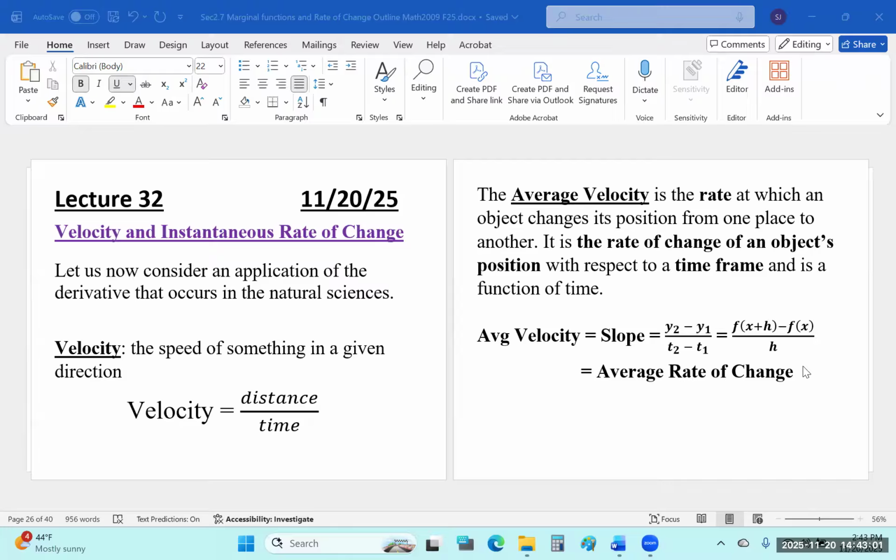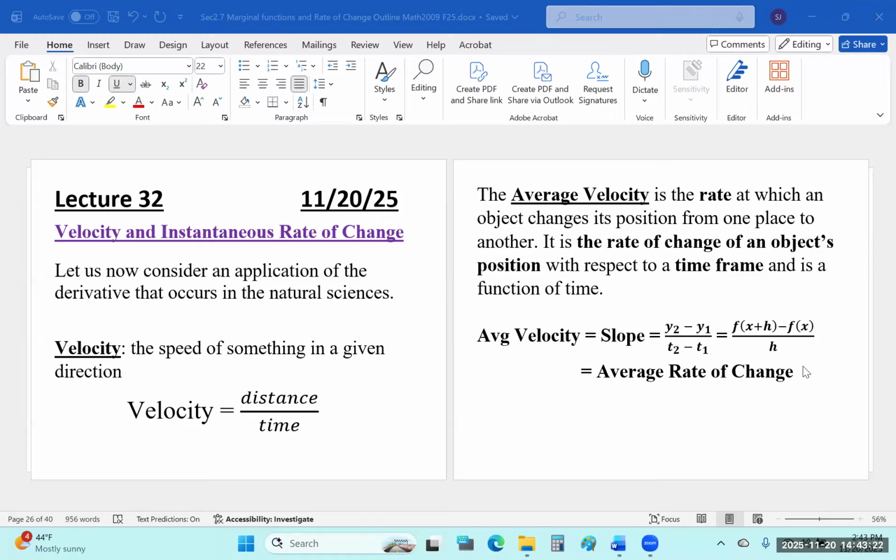Okay, on our last class, we started using derivative, implicit differentiation, or derivative on monetary issues like revenue. When you have a revenue, its derivative is marginal revenue. When you have a cost function, its derivative is marginal cost.